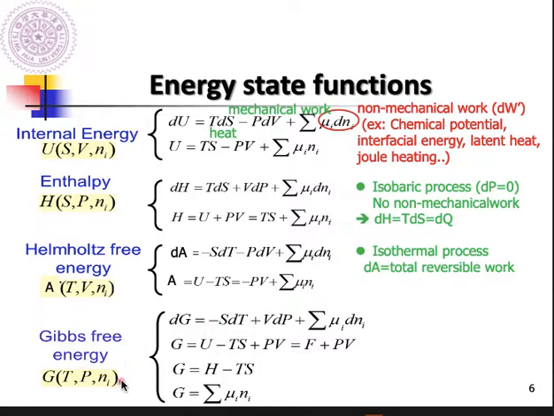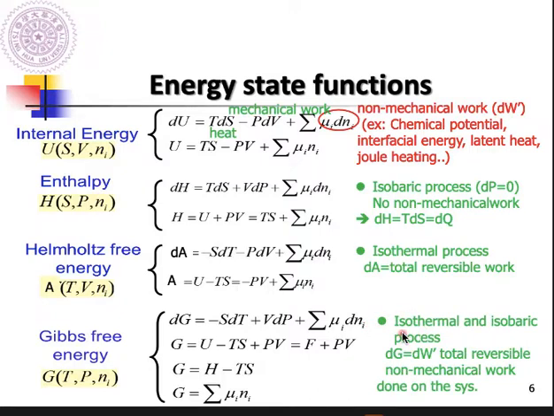And next, if you are a material scientist like me, then you are probably more interested in the Gibbs free energy. The change of Gibbs free energy can be expressed like this, right? In any material synthesis process, we usually fix the temperature and the pressure, so it is an isothermal and isobaric process. That is much easier for us to manipulate in our lab to synthesize material, right?